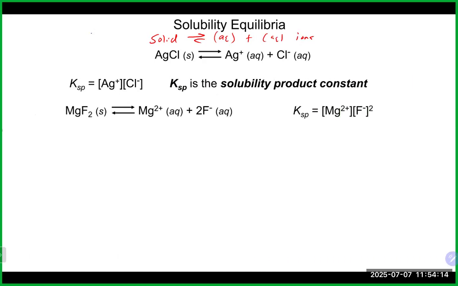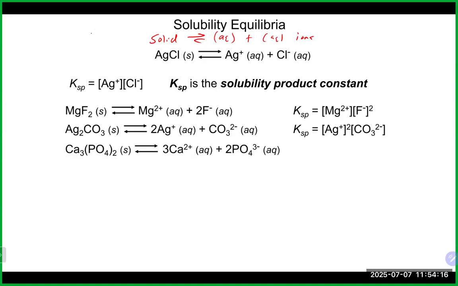As you can see in these examples here, magnesium fluoride has a 2 here, so just like normal, we take it to a 2 there. A 3 and a 2, a 3 and a 2.